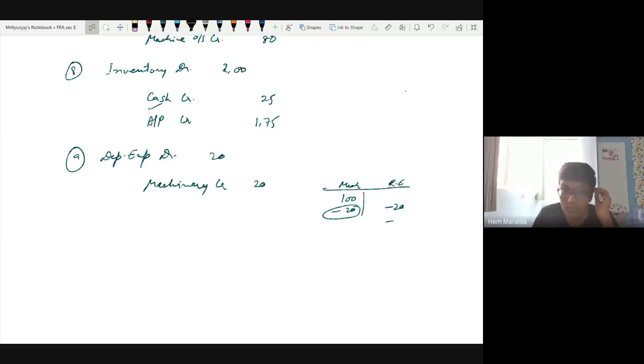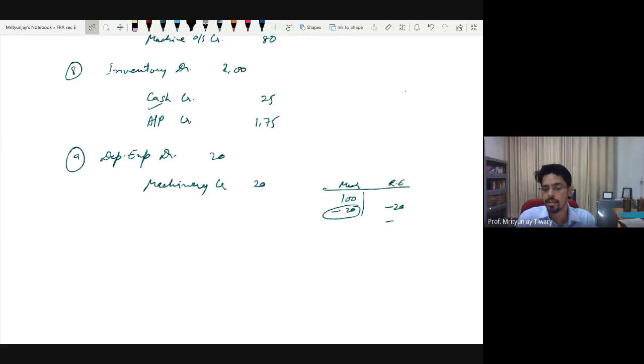We will not reduce cash. If it was said that interest is paid, then we would have assumed that it is paid in cash. But here, there is no information about payment at all. That is why we will assume that it is a liability. We will create interest outstanding.